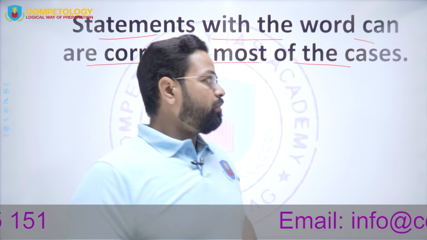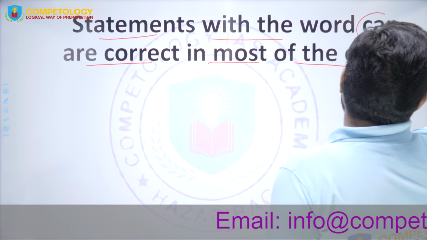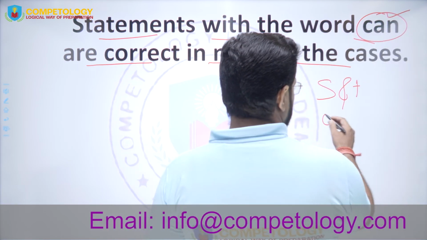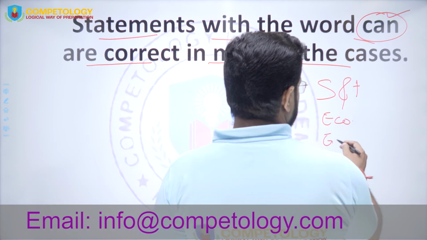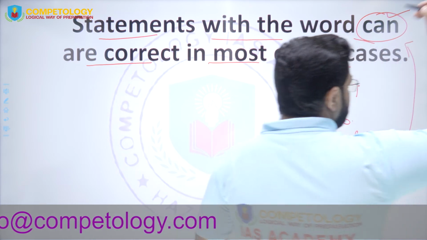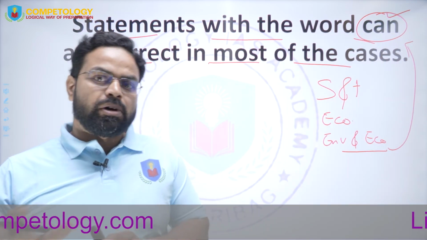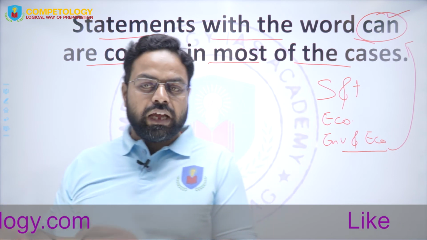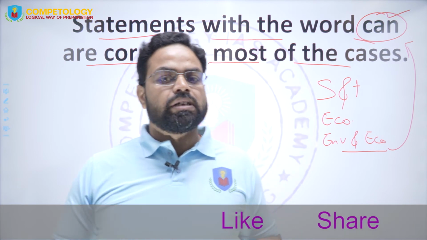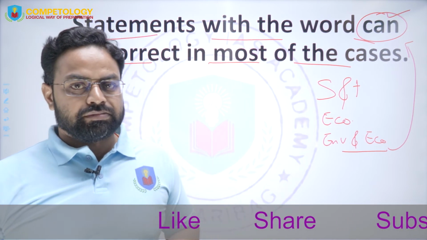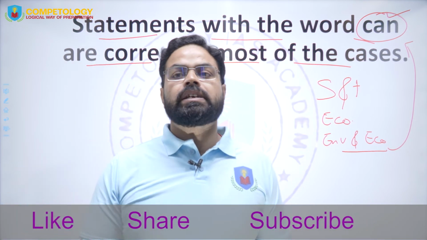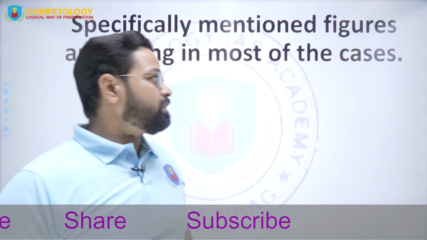And that is why wherever there is use of can in the statement, specifically in the science and tech questions, economics questions, environment and ecology questions, here this type of options where the word can has been used will maybe be the correct answer in most of the cases. That is one of the correct methods of choosing the correct answer through the elimination method.